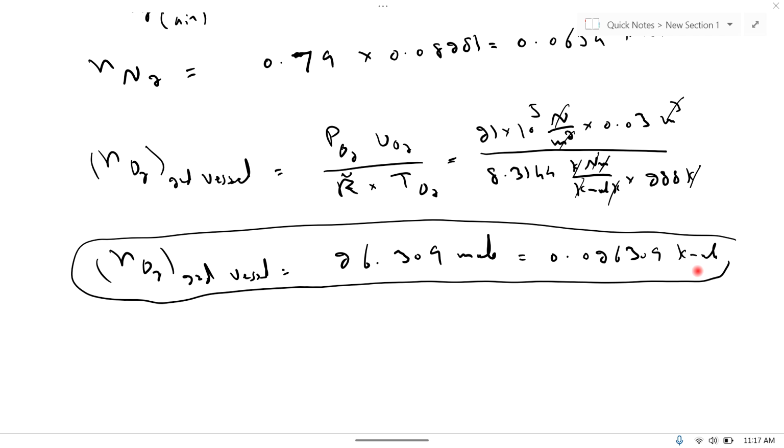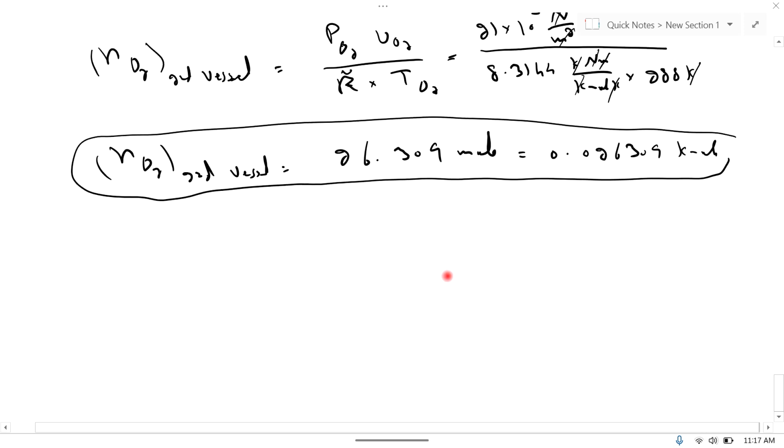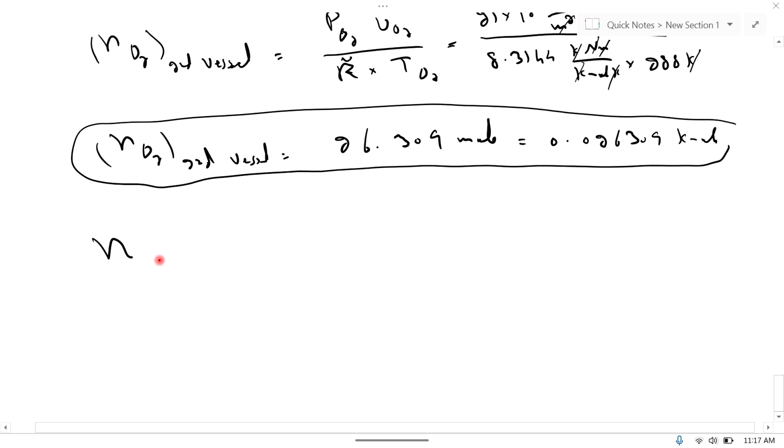This is the total mole of oxygen in the second vessel, and this is the mole of oxygen in the air, in which 21% is oxygen. So the total number of mole of oxygen is equal to the number of mole of oxygen in the air plus the number of mole of oxygen in the second vessel. Add these two.